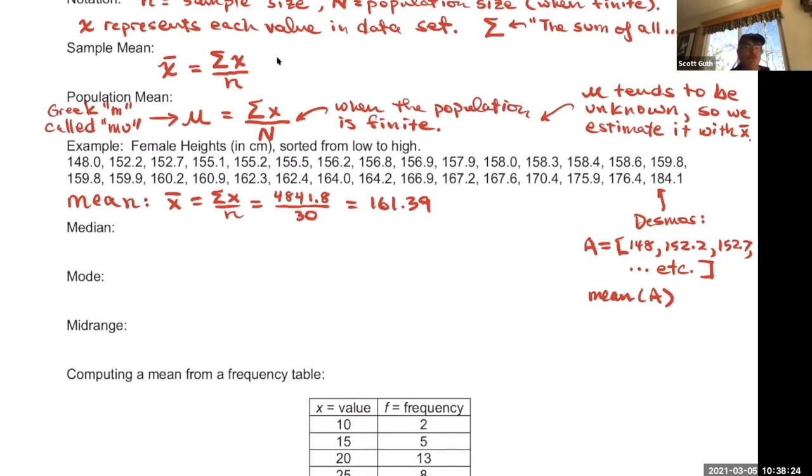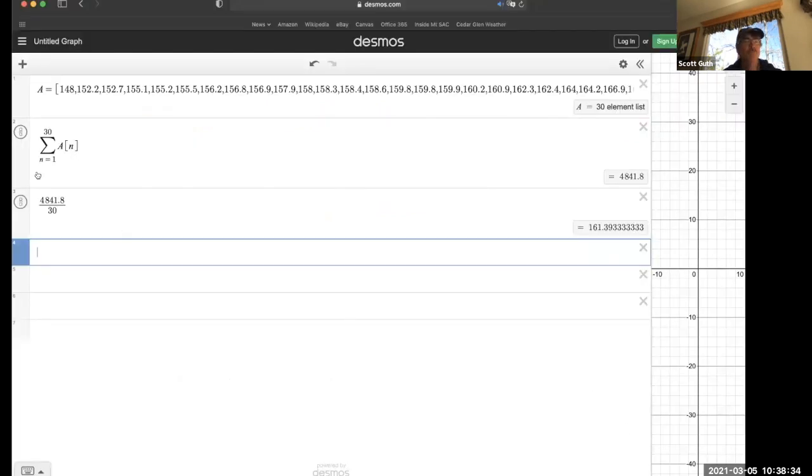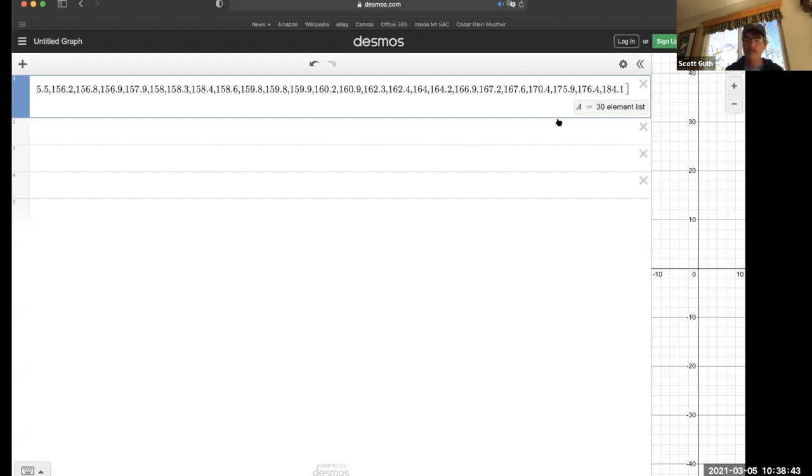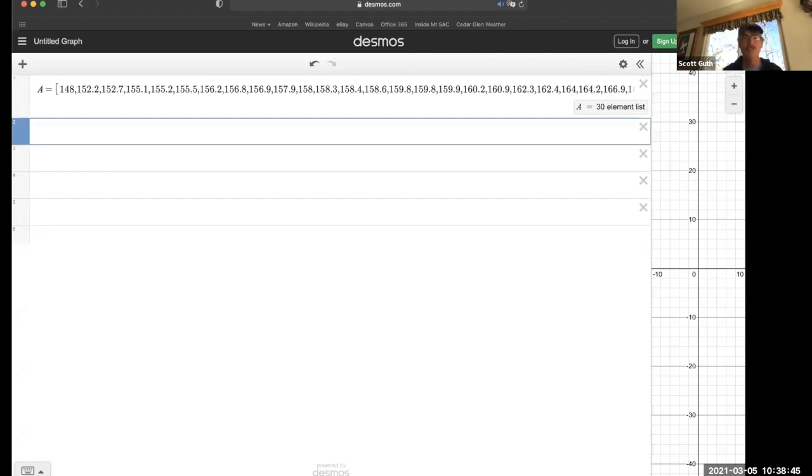So let me go real quick to Desmos again. Just pretend like these last 2 things I entered never happened. I kind of want to forget what I did, so that you're not overwhelmed by it. I've typed in a list with 30 values. You have to do that.